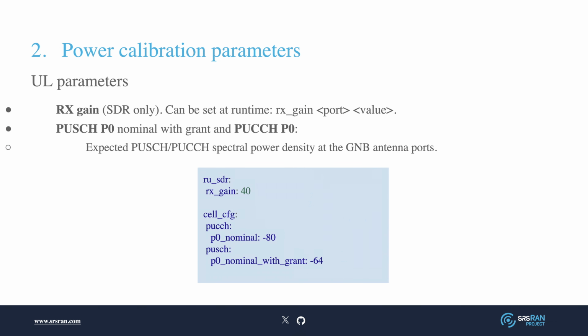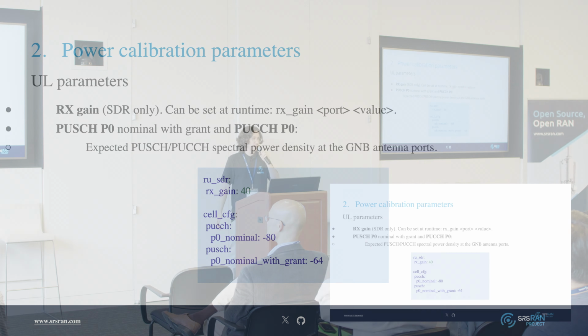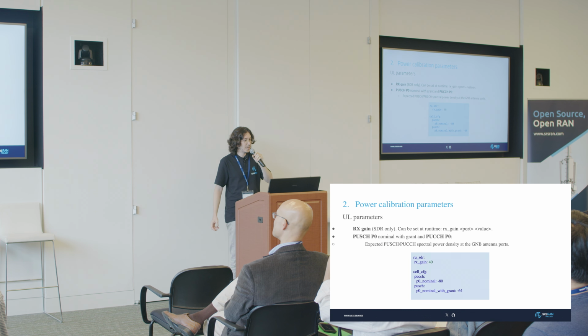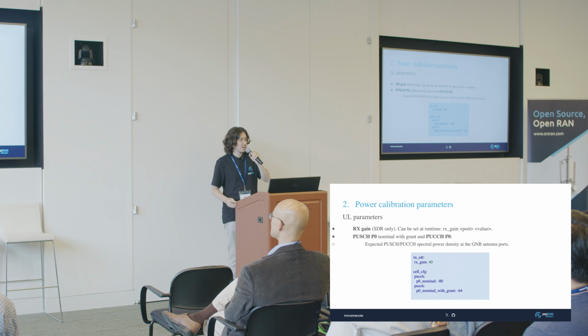Okay, and now with respect to uplink parameters, we have the receive gain, which works analogously to the transmission gain. It's only for SDR devices again, because with a split 7.2 RU, we cannot control within the gNB the receive gain of the RU.